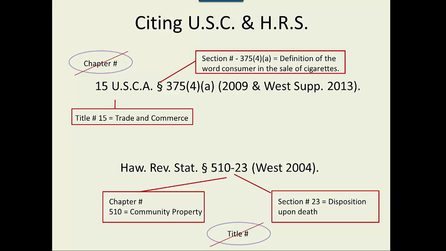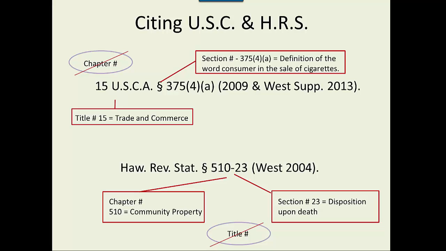For example, a U.S. Code citation will have a title, followed by the abbreviation of the publication, and then the section and subsections. The United States Code does have chapters, but you do not cite to the chapter. In the Hawaii Revised Statutes, we cite to the chapter and the section. So, Chapter 510, which deals with community property, and Section 23 deals with the disposition of that property upon death.